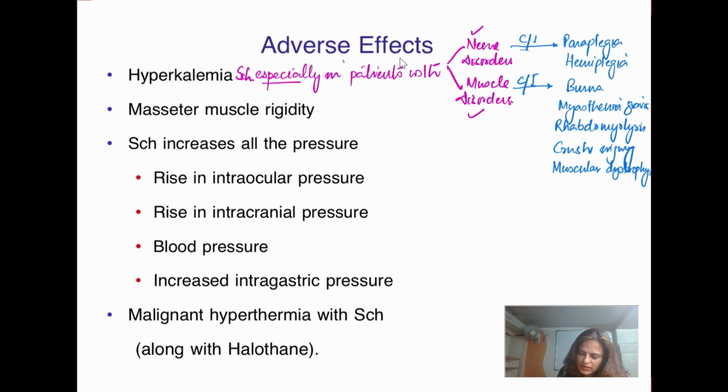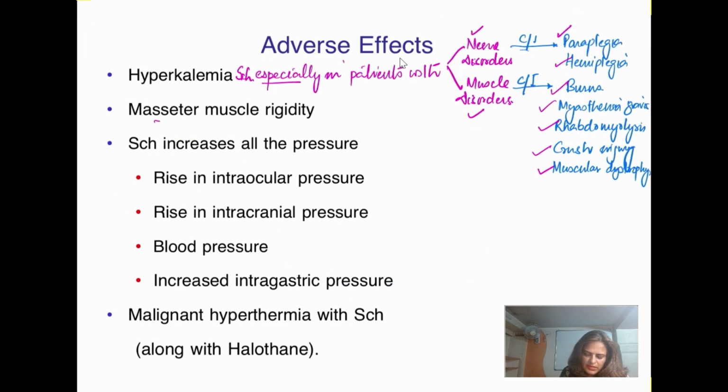That's why it is contraindicated if the person has paraplegia, hemiplegia, any nerve disorders, and if the person has muscle disorders like muscular dystrophy, crush injury, rhabdomyolysis, myasthenia gravis, and burns. In all these conditions succinylcholine is contraindicated because it leads to hyperkalemia.